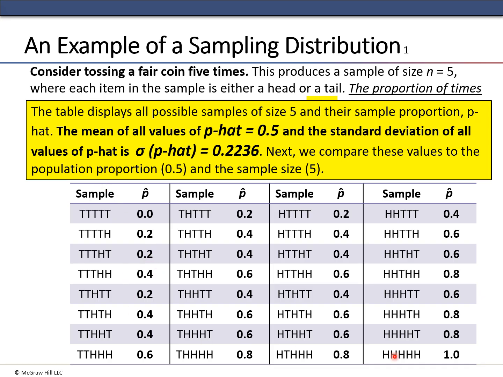The mean of all of these values of p hat is 0.5. And the standard deviation of all the values of p hat is 0.2236. Let's look at how these compare. So our mean of p hat is exactly the same as our population proportion. When we do a large number of samples, we would expect that the mean of all the values of p hat would be equal to the proportion of the population, or lowercase p.